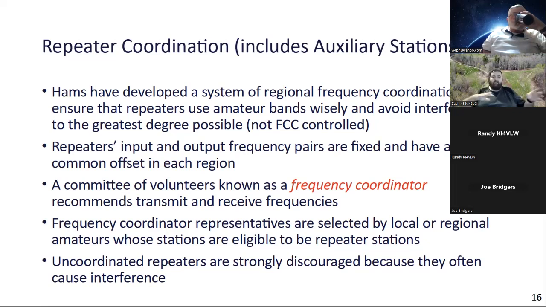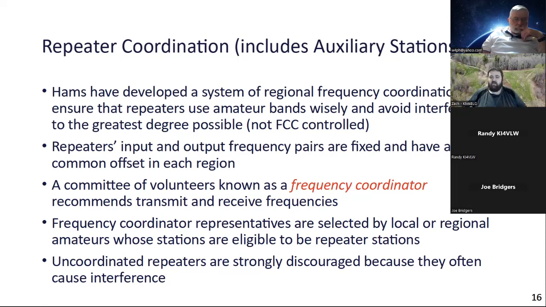So to summarize all that, that's kind of a lot to take in at once: when you're putting up a new repeater, not necessarily when you're operating on the radio, but when you're putting up an amateur radio repeater, because repeaters cover such a big, broad area and there's only so much radio spectrum out there, there's typically groups of organizations called frequency coordinators. What those do is they look at a lot of different things.